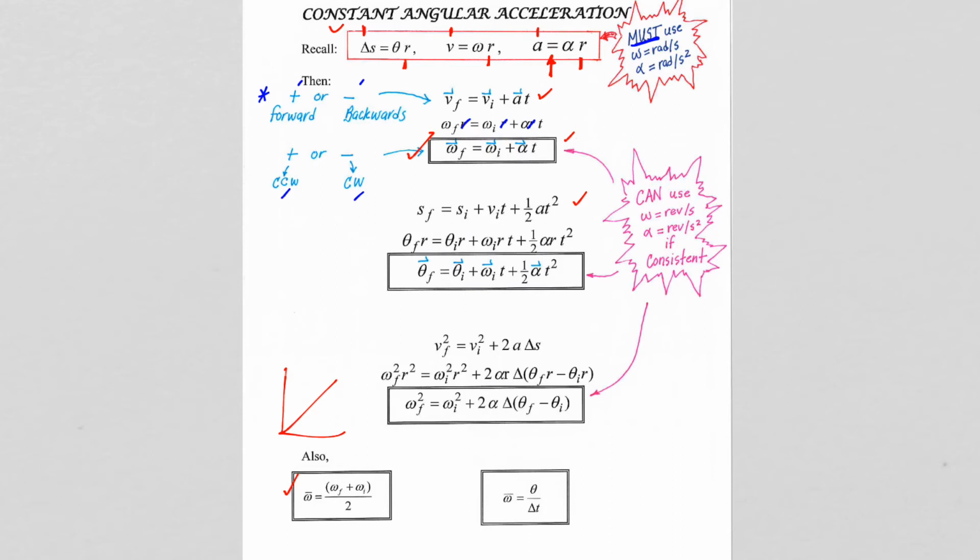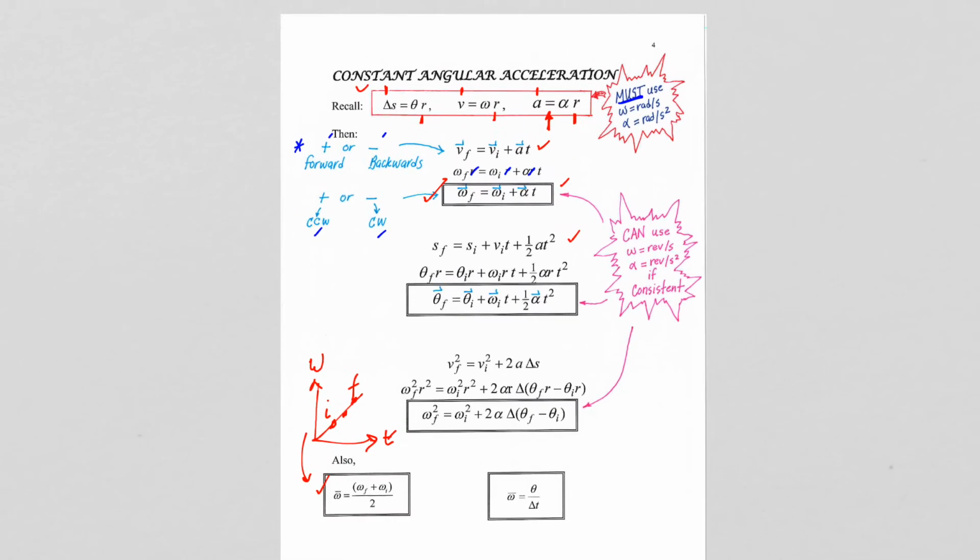The average value will just be this one plus this one divided by 2. It'll give you the one right in the middle. So if you have omega as a function of time for constant angular acceleration, this allows us to do the initial plus the final divided by 2.